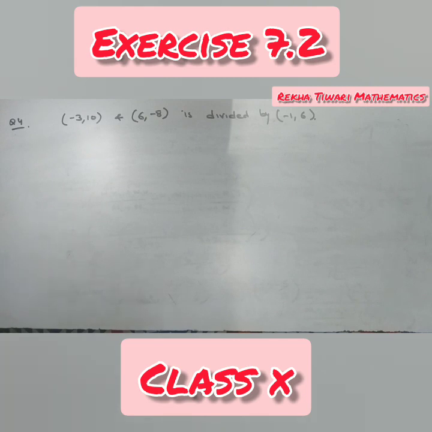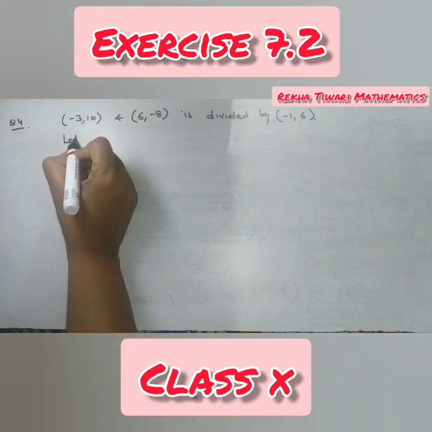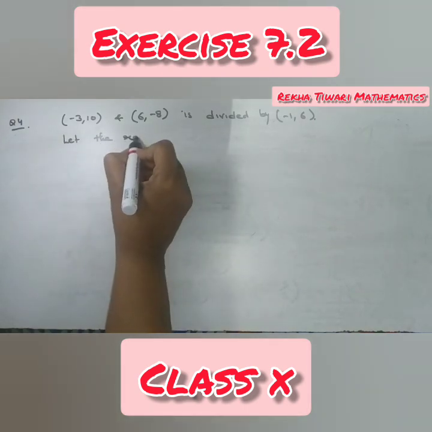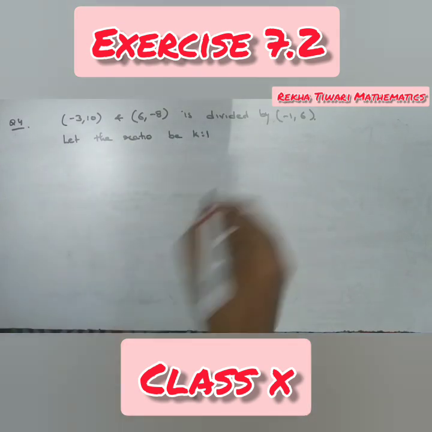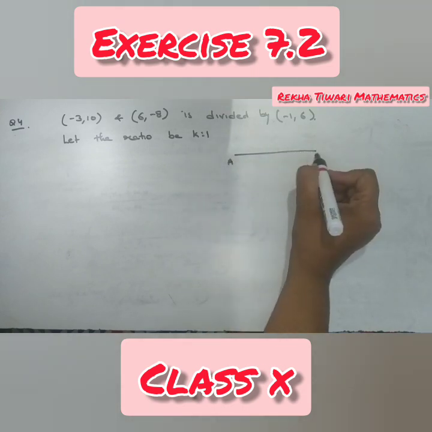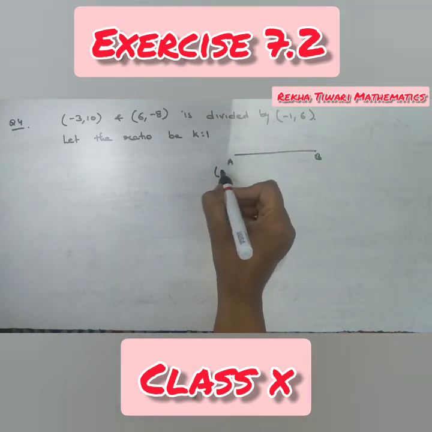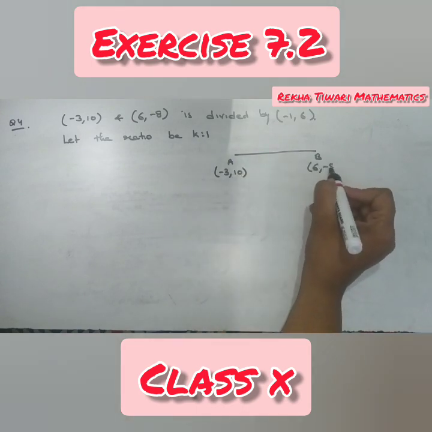Now here you have to find out the ratio. I told you that if the ratio is not given to you, you have to consider the ratio as k:1. So let the ratio be k:1. Okay, draw the figure. Suppose this is the line joining the points A whose coordinates are (-3, 10) and B whose coordinates are (6, -8).